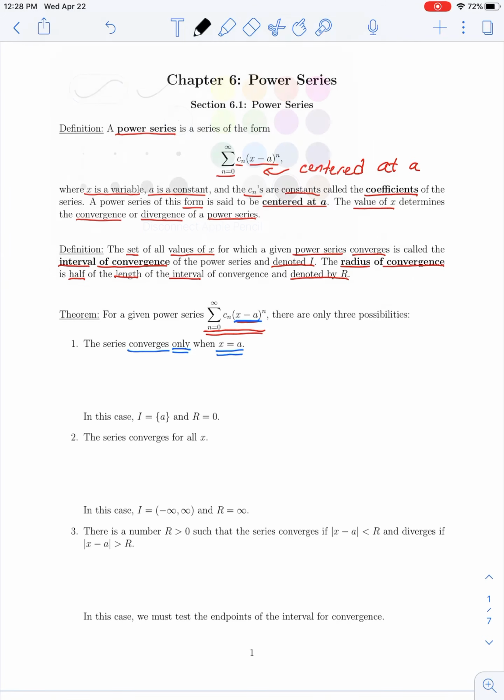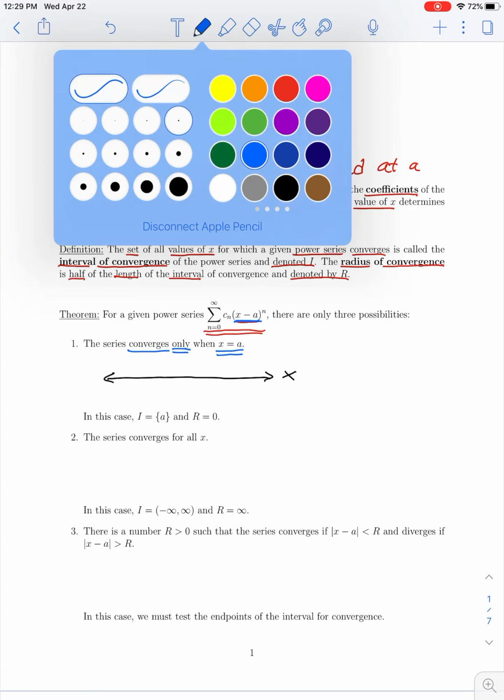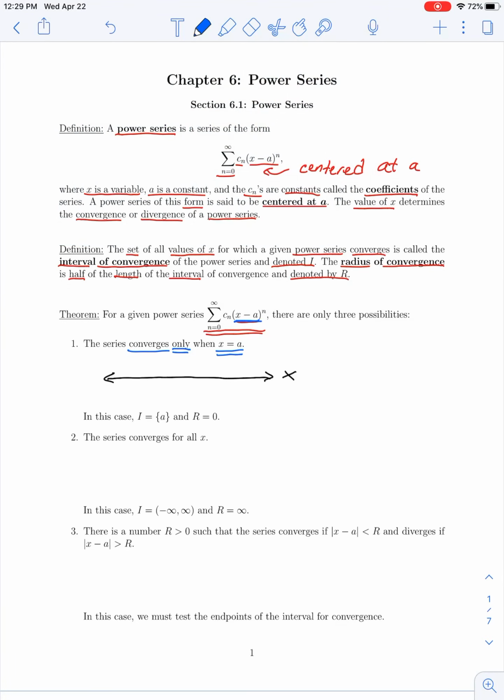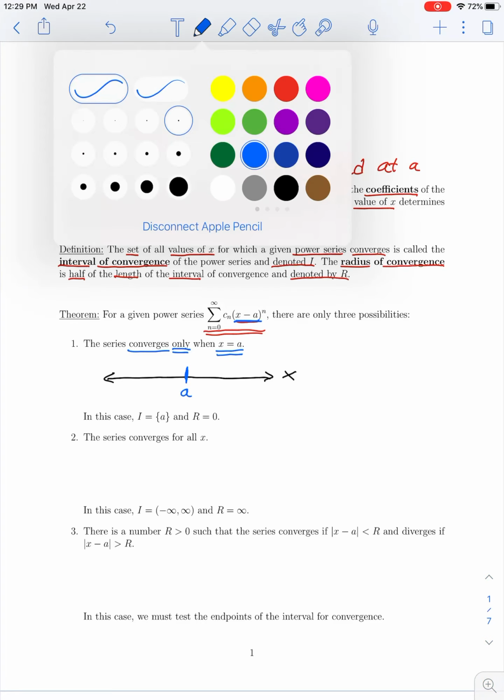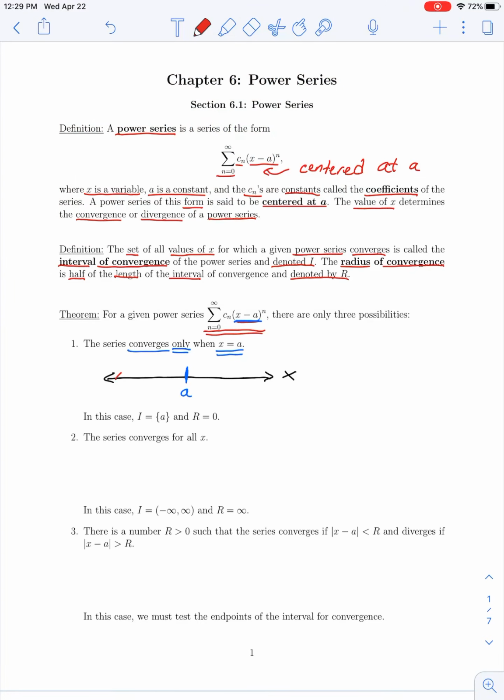So the worst case scenario that we would have for a power series, if we think about visualizing this, we have the x-axis representing the set of values for x where this series converges. And this worst case says that we have convergence only at a single value x equals a, and we would have divergence everywhere else.